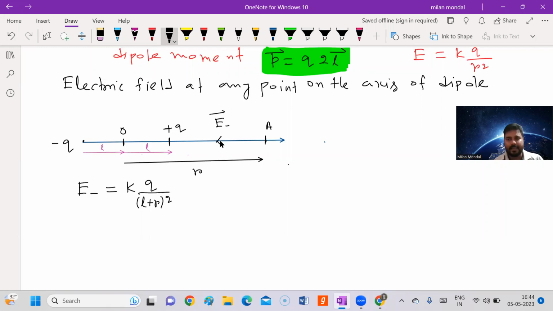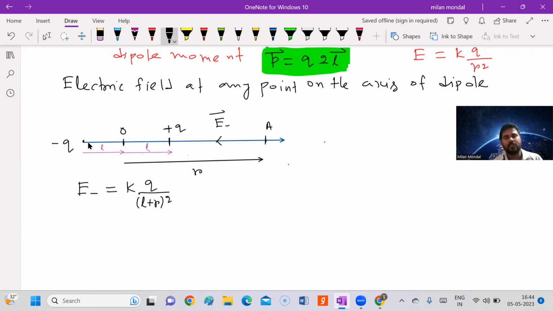How to find that direction? At any point, if you place a unit positive charge, then the force on that unit positive charge will give us the direction of the electric field. So if we place a unit positive charge at the point A, that unit positive charge will be attracted by this minus Q along its own direction.